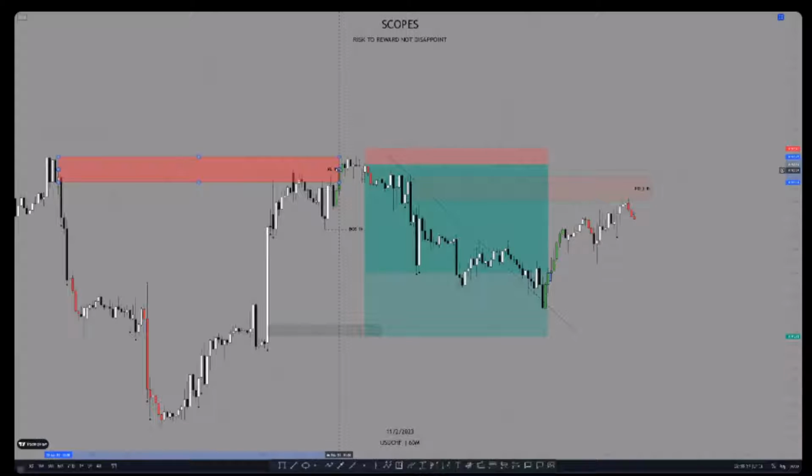I did try the UK 100. It stopped me out by a tiny bit. I haven't got it marked out, but this is where I entered a trade.